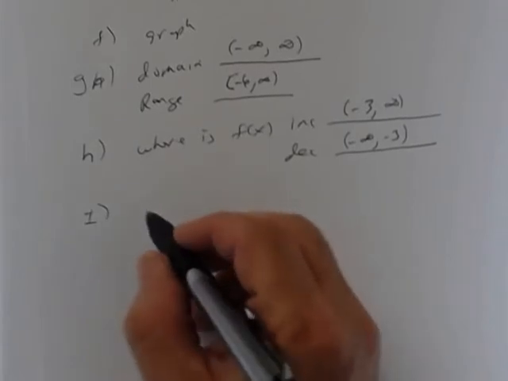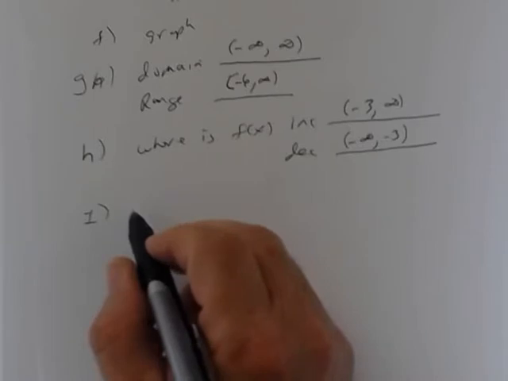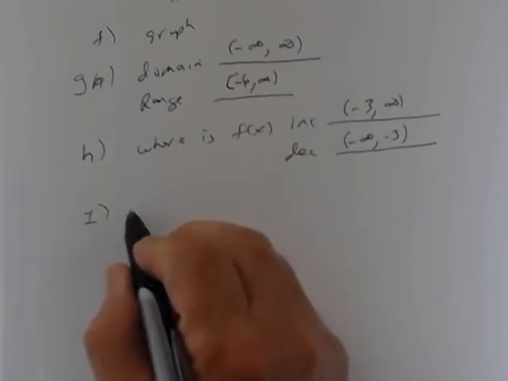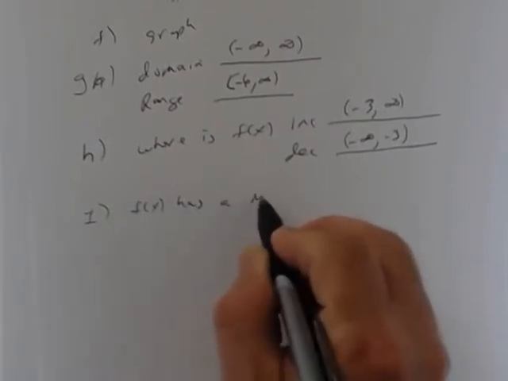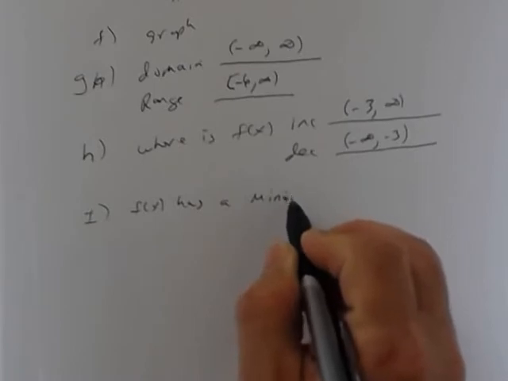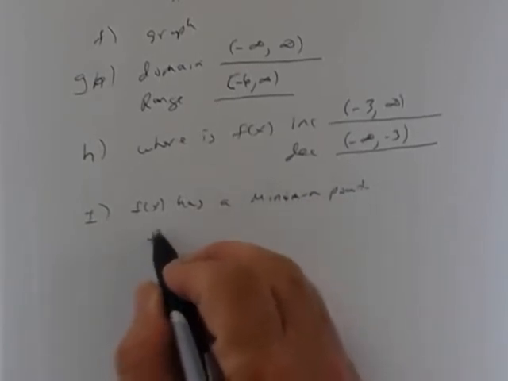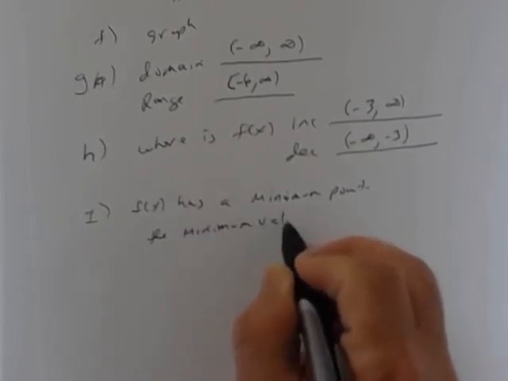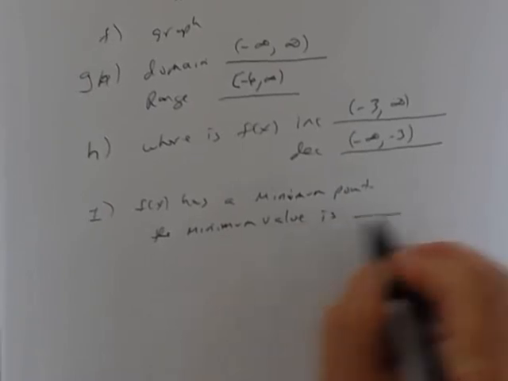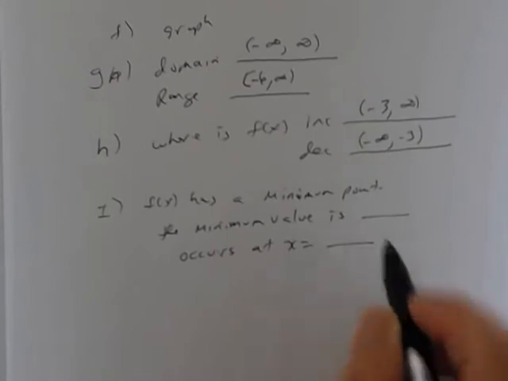Okay, I suppose the question is this. So is there a maximum or minimum? All right, so f of x has a minimum point. Okay, so the minimum value is blank, and it occurs at x equal blank.